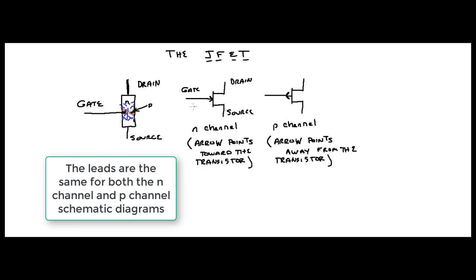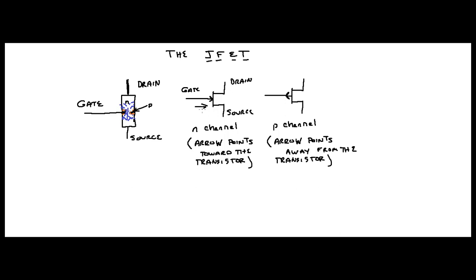Notice the arrow is pointing this way. For an N-channel transistor, the arrow points toward the transistor. A P-channel, it points away.